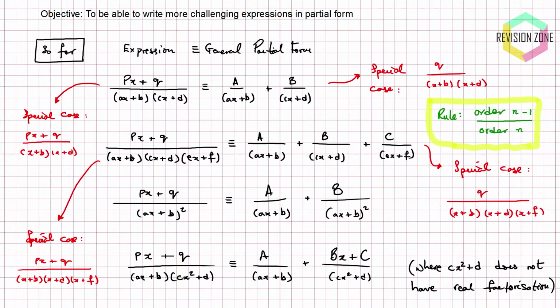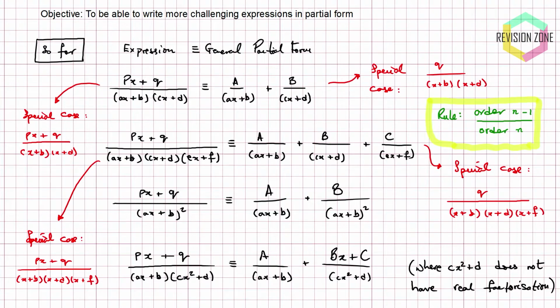So in particular, if we have something like px plus q over, say, two linear factors, then the general partial fraction form is just going to take each one of these linear factors and make a fraction using those factors as independent denominators. And then the numbers in the numerators are things that we're going to have to find out.